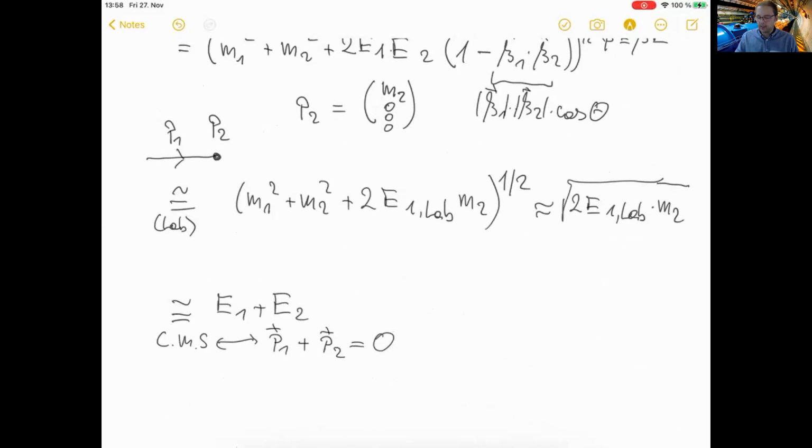And E1 and E2 are potentially different only because the masses of these particles are different. The absolute values of the momenta are the same.